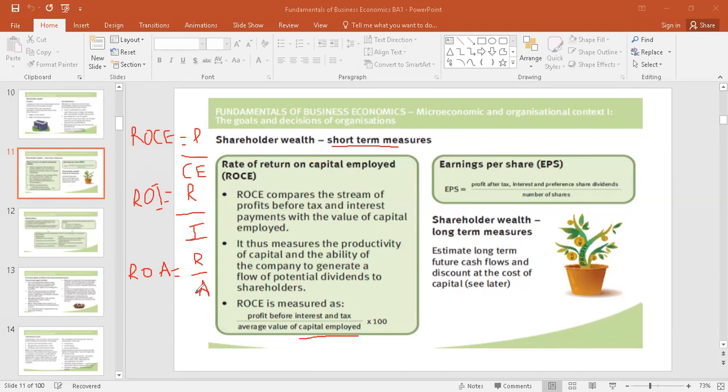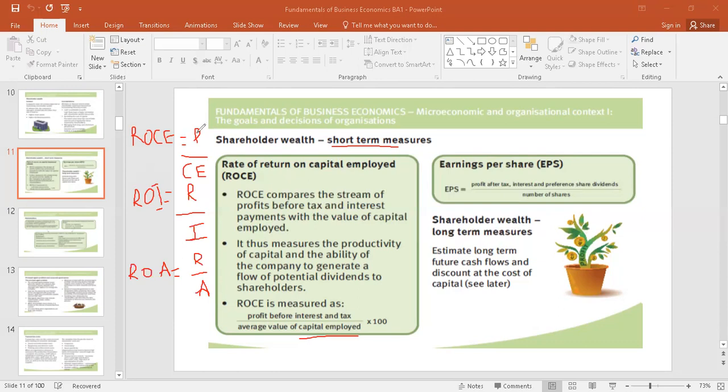ROCE compares the stream of profits before tax and interest payments with the value of capital employed. It thus measures the productivity of capital and the ability of the company to generate a flow of potential dividends to shareholders. So ultimately, what are we measuring?